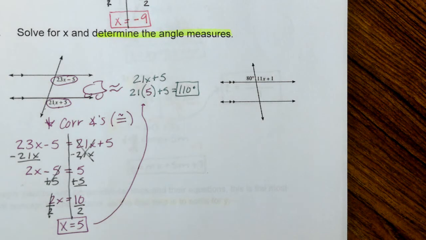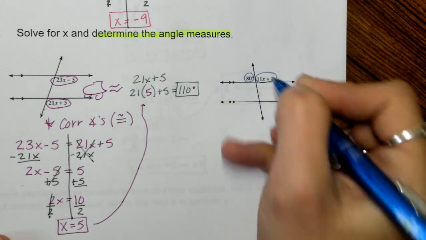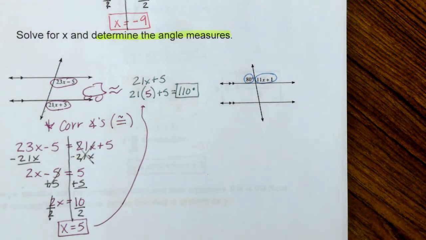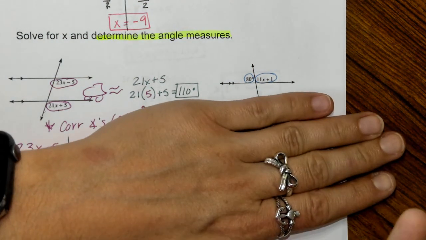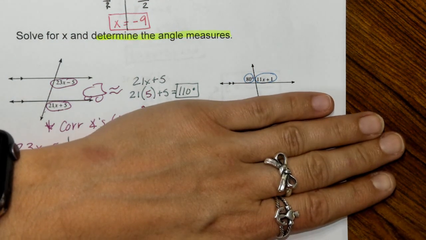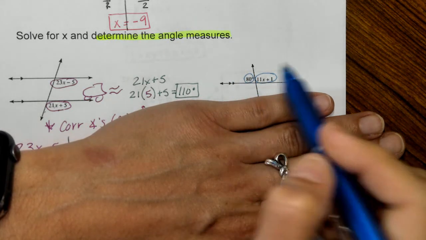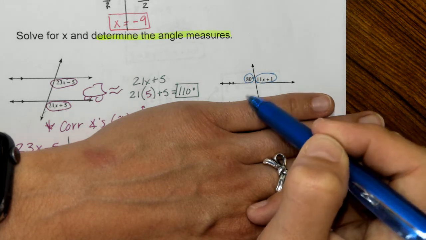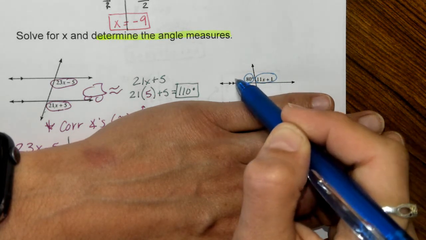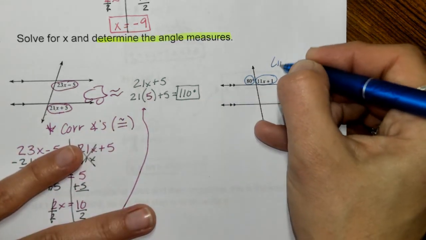All right, our last one here, we're going to take a look at, we got this 80 degrees right here. We have the 11x plus 1. We notice, oh, guys, hey, we're not involving this intersection. So again, with 2 lines, we either have a linear pair or vertical angles. Are these next to each other on a line, adjacent on a line, or are they across the vertex from each other? Well, I see them sitting right here adjacent next to each other on that line, meaning we have a linear pair.